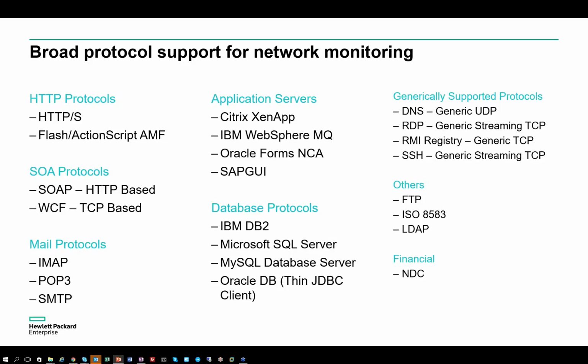Notice also that we support both session-oriented protocols, things like IMAP and HTTP and SOAP in some cases, as well as streaming protocols like RDP and, for example, SSH. So there are a variety of different types of protocols that we can collect. We can also detect things like various financial protocols as well.